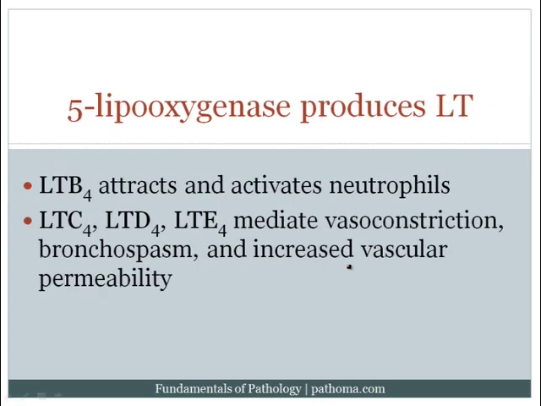The lipoxygenase pathway produces leukotrienes, in particular leukotriene B4, and then C4, D4, and E4. So leukotriene B4, the key feature of that is that it attracts and activates neutrophils. Very important. Leukotriene B4 attracts and activates neutrophils.